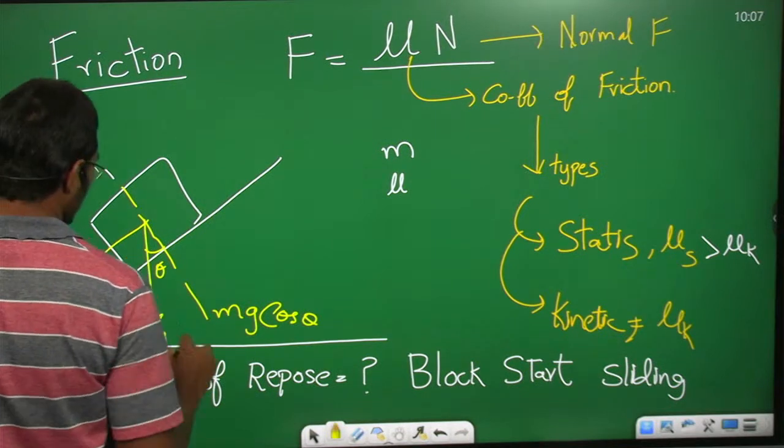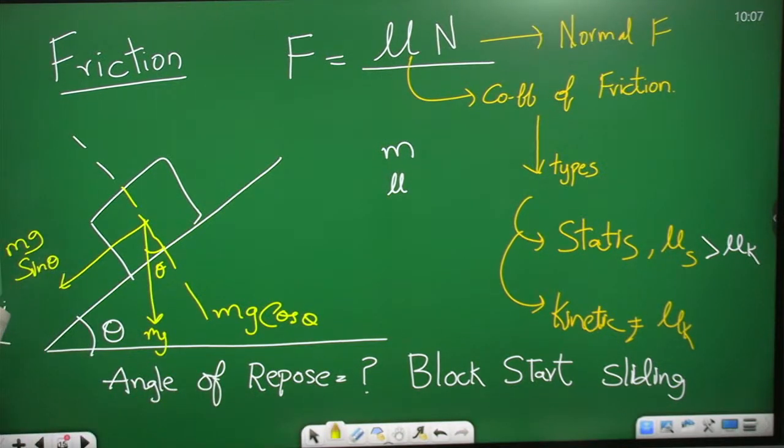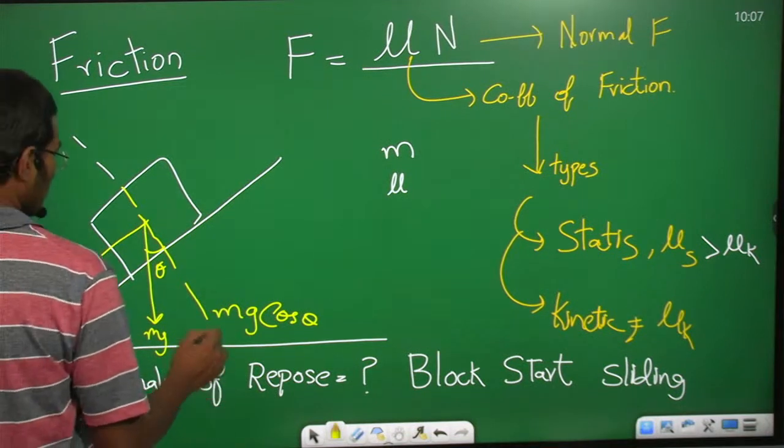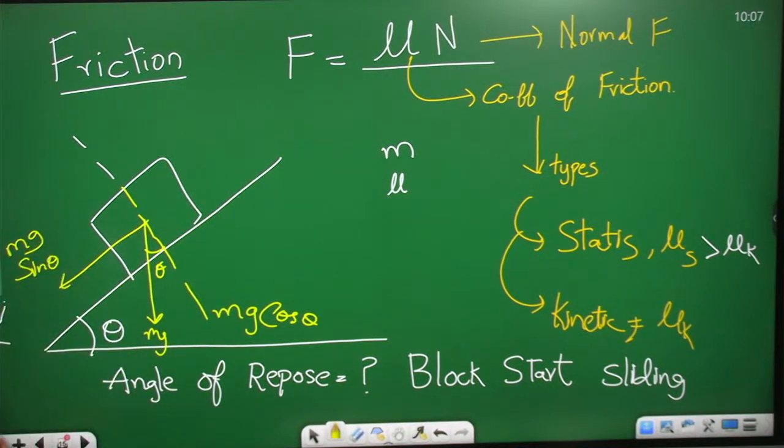See, now my question is, if the block slides down, the direction of friction, is it away from the motion or towards the motion? See, the block is trying to slide down. Will the direction of friction be down or up? Up. Why?